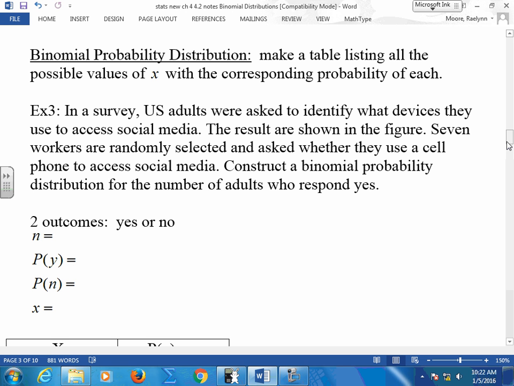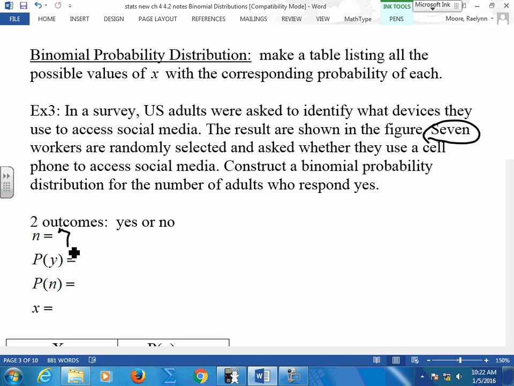We want to construct a binomial distribution for the number of adults who said yes. So how many adults are we surveying? We randomly took how many workers? 7. If you look at your chart, we want to know what is the probability that they use their cell phone.